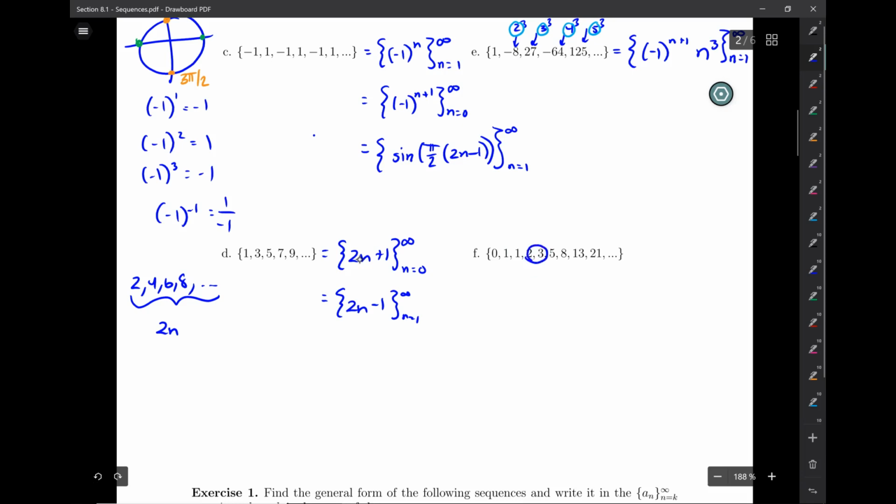You seeing it? 2 plus 3 is 5, and that pattern seems to keep going. 3 plus 5 is 8, etc. So what we do is take the two previous terms, add them together, and we get the next term. I'm going to write that out. Two previous terms added together gives the next term.